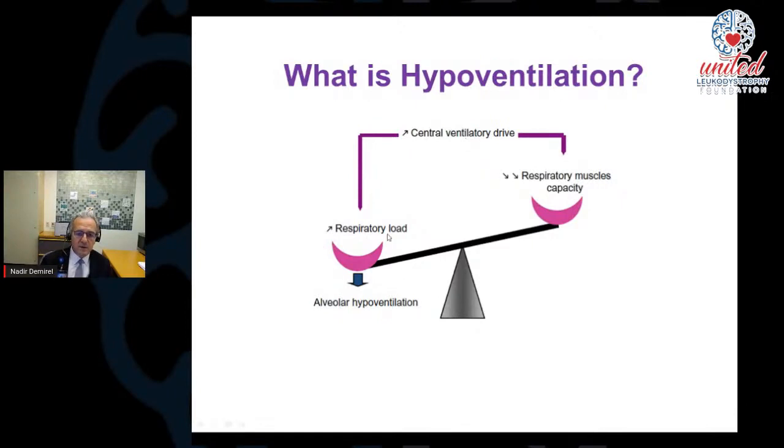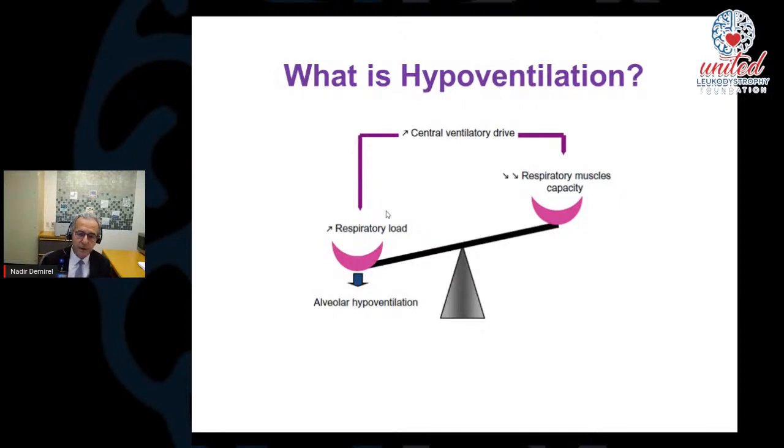And the third one is respiratory load. Our airway by nature has some resistance, right? When you take a breath, like any tube, the wall of the tube causes some resistance.